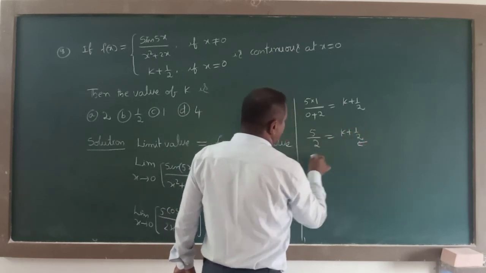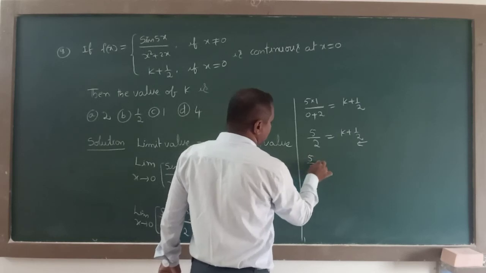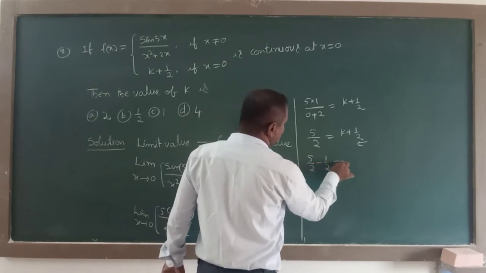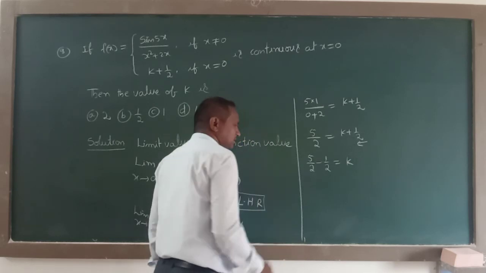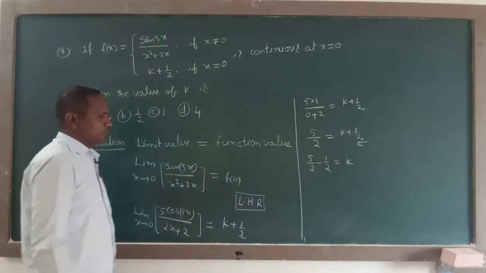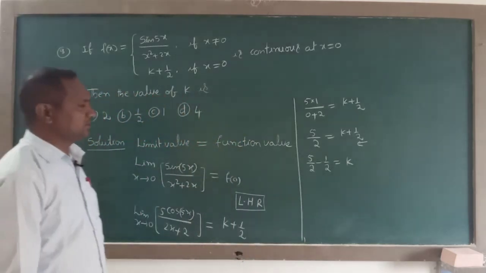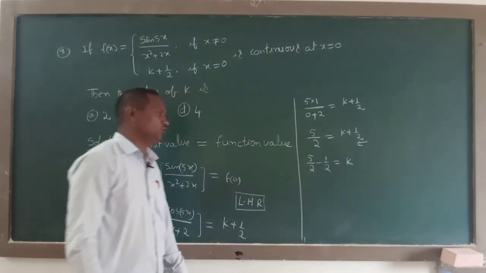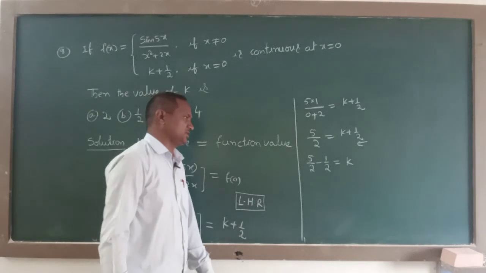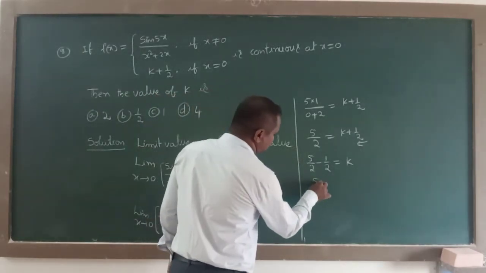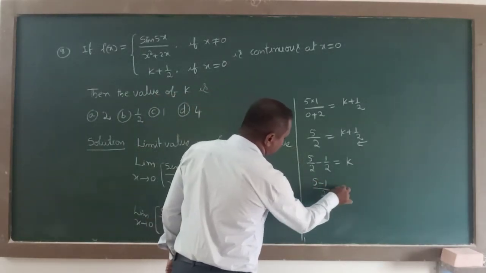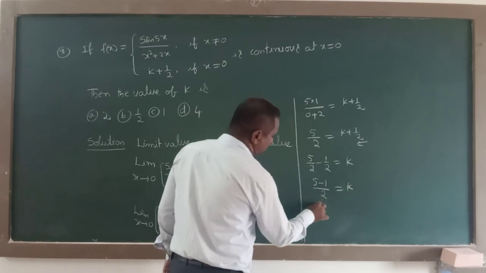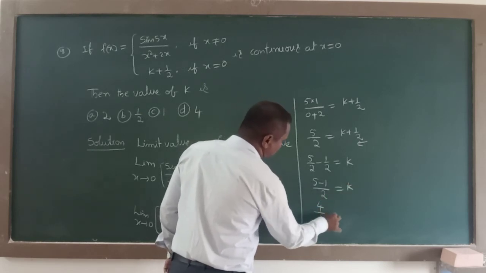5 into 1 is 5, and 0 plus 2 is 2, equal to k plus 1 by 2. Send 1 by 2 to this side: 5 by 2 minus 1 by 2 is equal to k. The denominators are the same, so directly take the subtraction of the numerators: 5 minus 1 whole divided by 2 is equal to k. 5 minus 1 is 4, so 4 by 2 is equal to k.